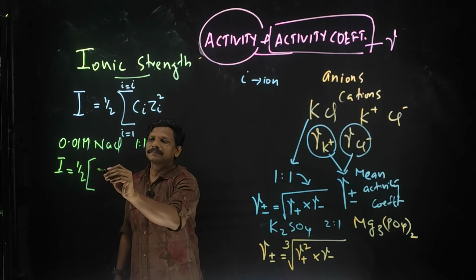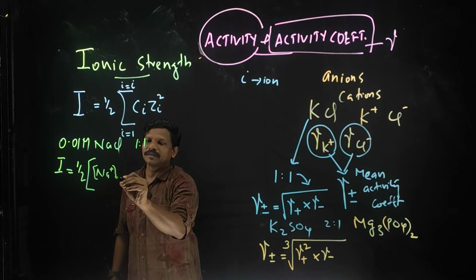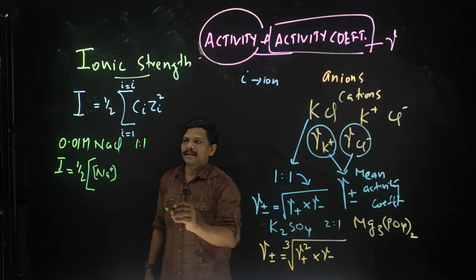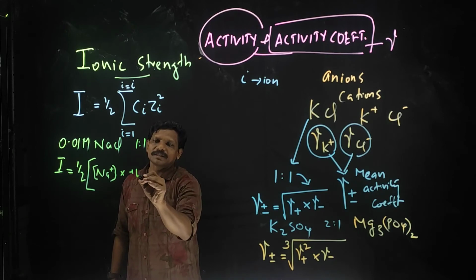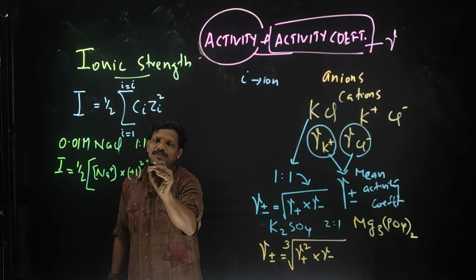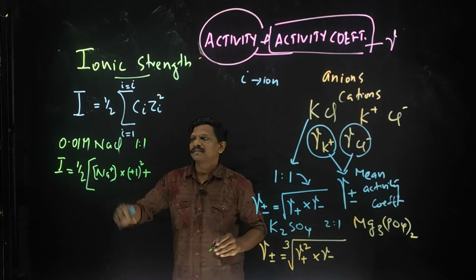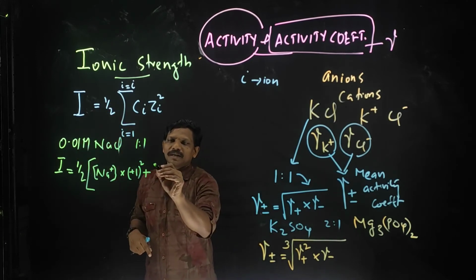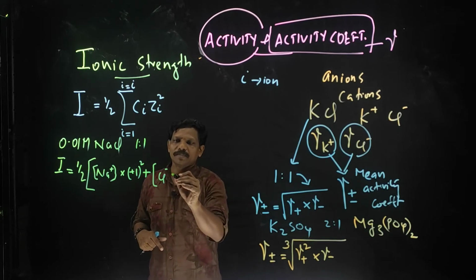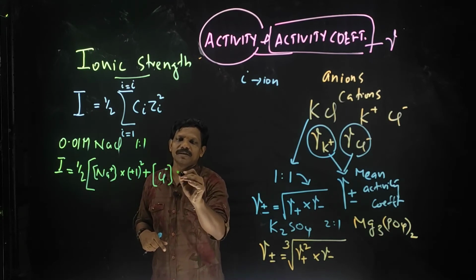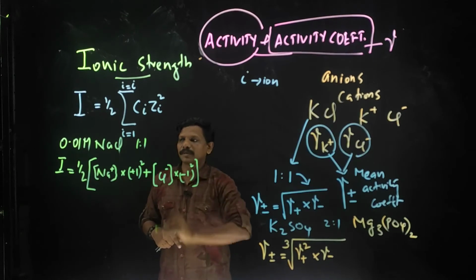We'll take the first ion, that is Na plus: the concentration of Na plus into its charge, that means plus 1 squared. Plus there is a sum, and you take the other ion Cl minus, concentration of Cl minus into minus 1 squared.